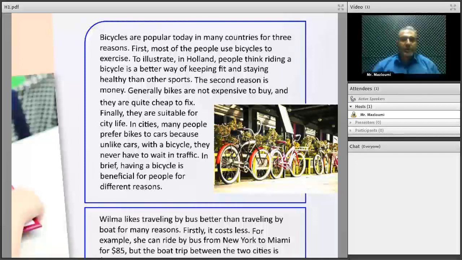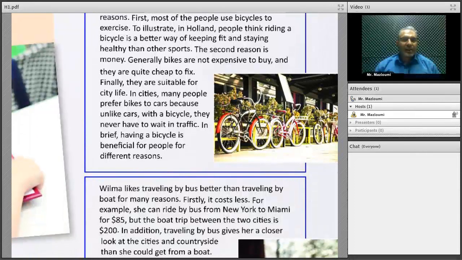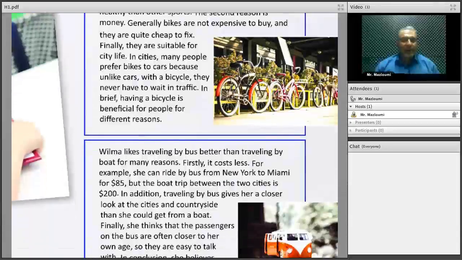Of course, it is. Are there any irrelevant ideas? I don't think so. So, the topic sentence is clear. There are no irrelevant ideas. All the supporting ideas are related. They help support the topic sentence. And finally, there is a concluding idea.